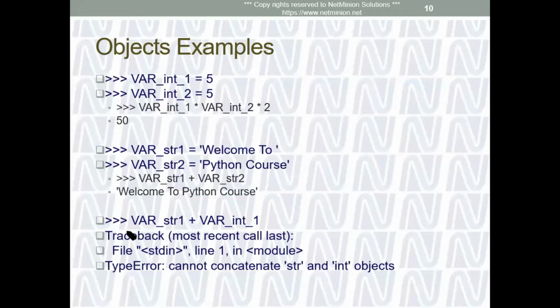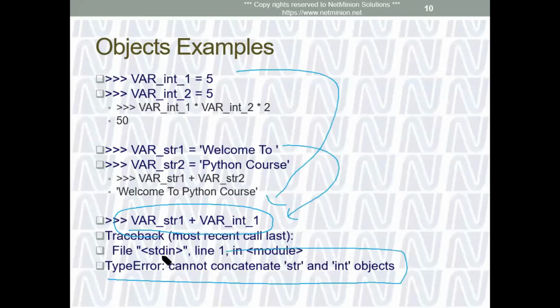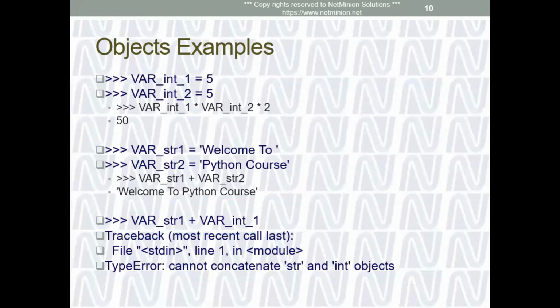Here you can see an example: when I try to add one integer and one string, it will throw an error that string and integer objects cannot be added. Python is aware, as I showed you earlier with the type function, of what kind of object type is in this particular variable.